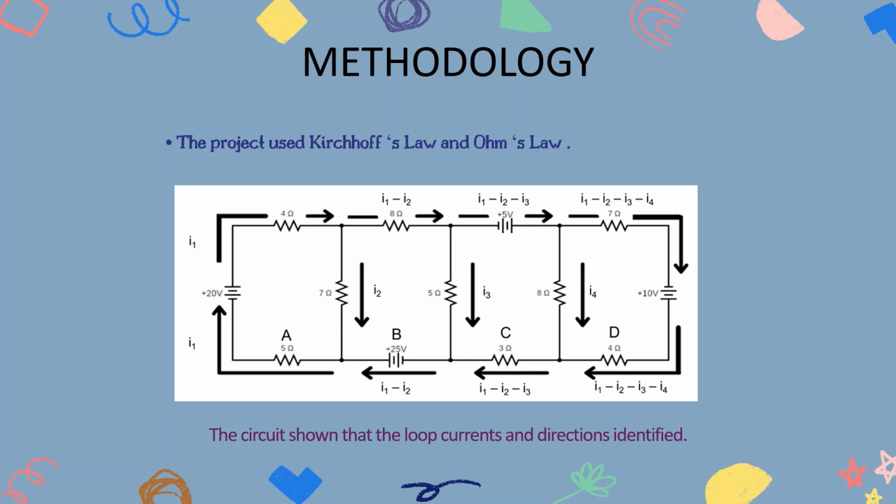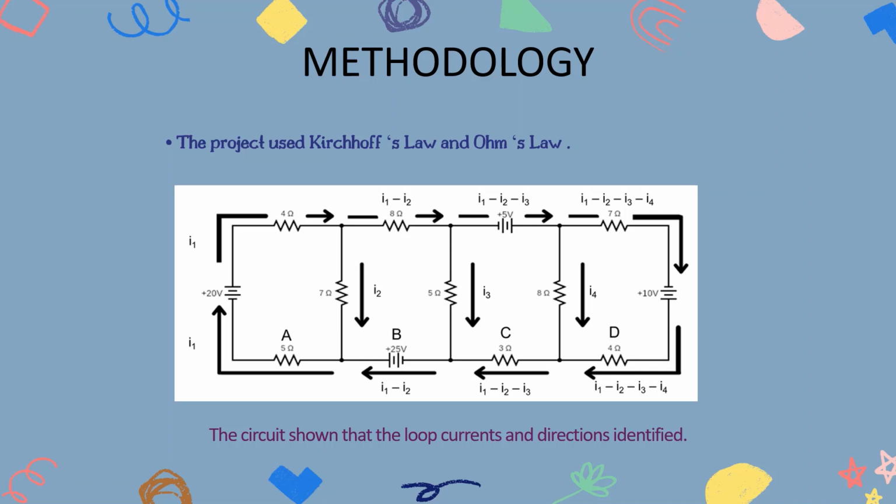The picture shows the loop currents and their directions identified. Analyzing the circuit now involves finding the current flow in each mesh, given the values of the voltage sources and resistances. In order to analyze the circuit, Kirchhoff's voltage law must be applied to each mesh.